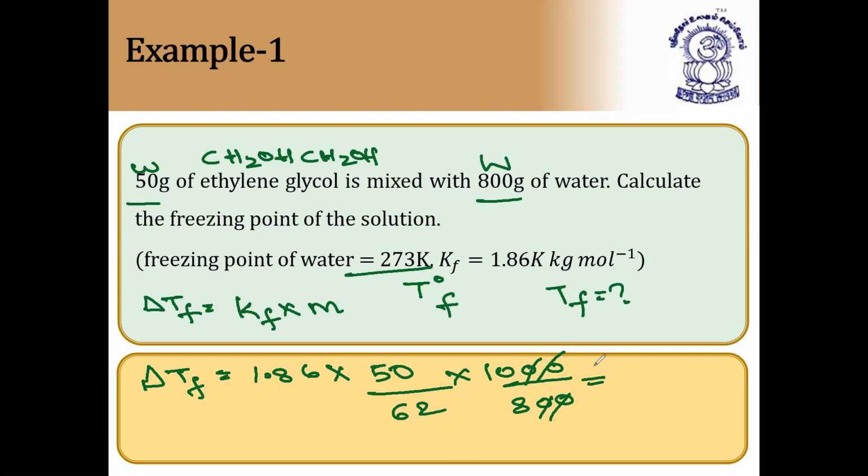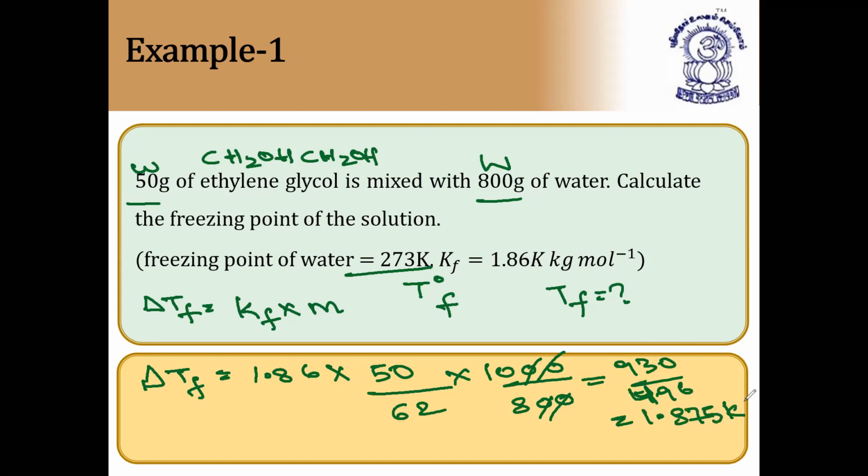So 500 into 1.86 is equal to 930. So 930 divided by 496, which comes out to 1.875.